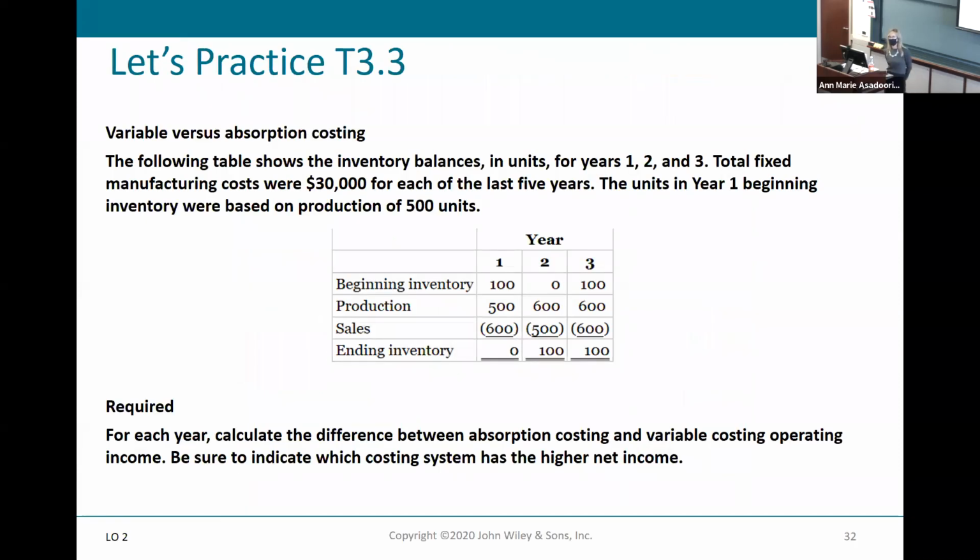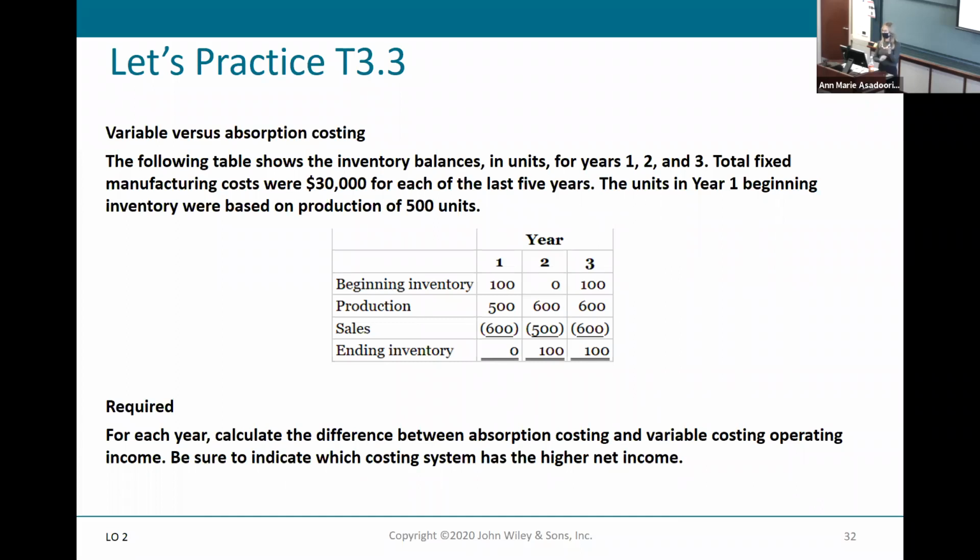All right, so here's another problem, another way of looking at something, right? Just a different approach. Here I'm telling you the following table shows the inventory balances in units for years 1, 2, and 3. Total fixed manufacturing costs were $30,000 for each of the last 5 years. And the units in year 1 beginning inventory were based on a production of 500 units.